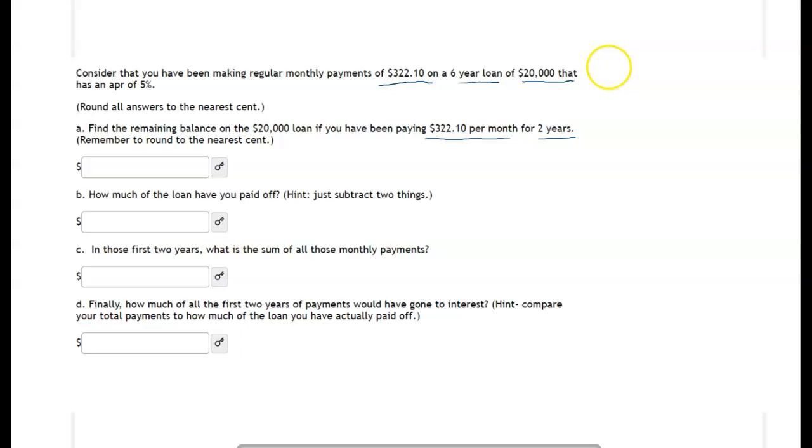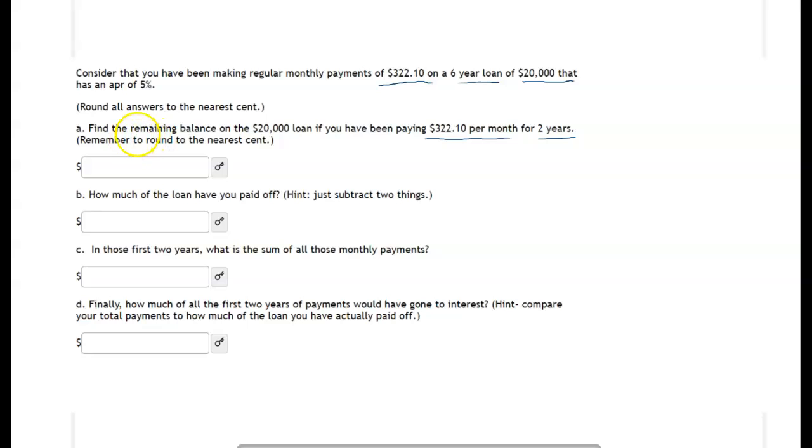As soon as you make the first payment, what you owe is no longer $20,000. The payment pays off the interest, and then some of it goes to the balance of the loan, so you subtract it from the $20,000. The next month the same thing happens, and the balance goes down month after month.